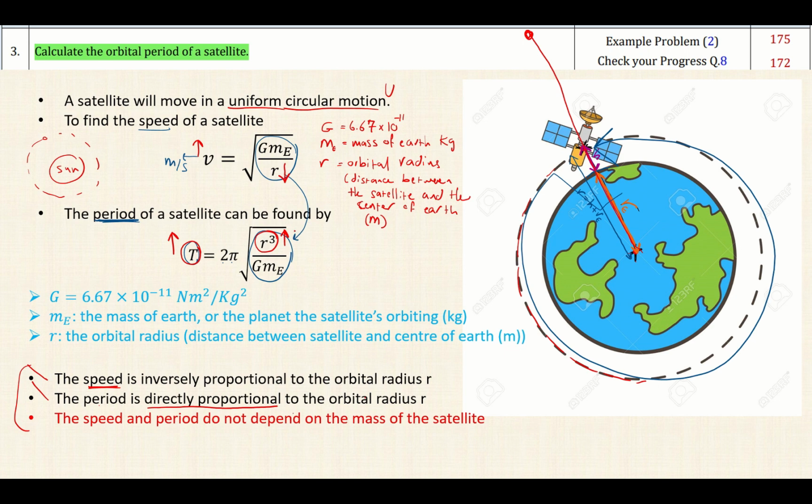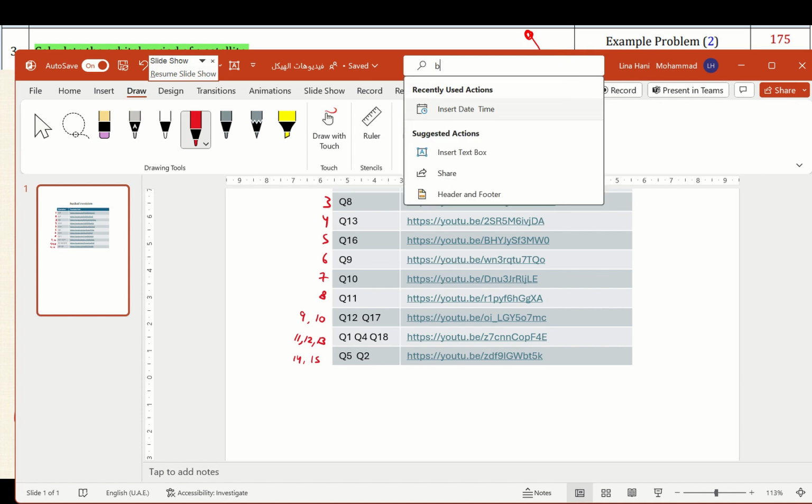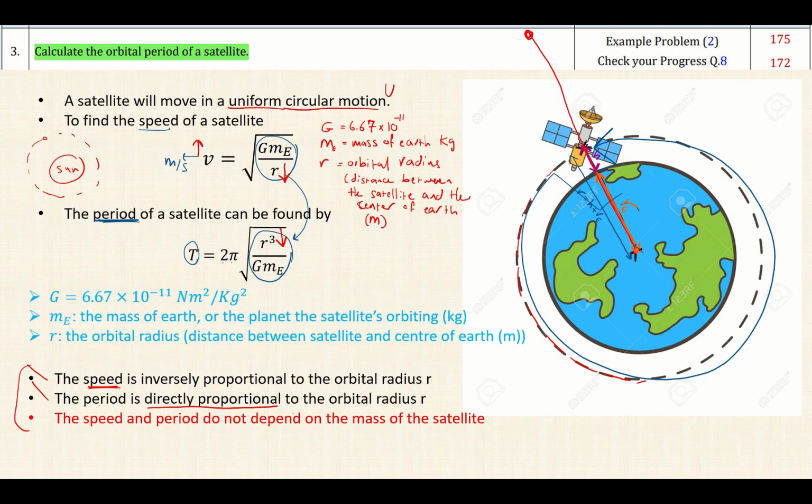And the opposite is correct. If the orbital radius decreases, the satellite becomes closer to Earth, then it will take less time to make one complete cycle around Earth. So again, the relationship between V and the height of the satellite is inverse, but the period of a satellite and its height is direct.